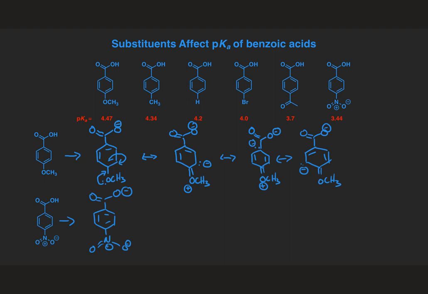This time we can withdraw electrons from the ring by taking that pi bond there and moving some electrons onto oxygen. Oop, we broke that bond.